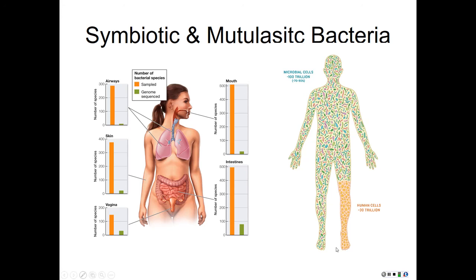And I love this figure because it kind of shows 70 to 90%, or about 100 trillion of the cells that make us up are actually bacterial cells, with only about 30 trillion being human cells. So we're pretty much just bags carrying around bacteria. Most are unstudied species and we don't know their function. They may have a function, but we just don't know it yet.